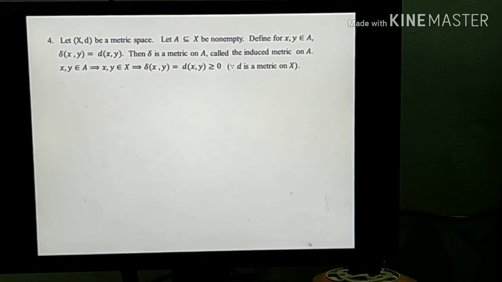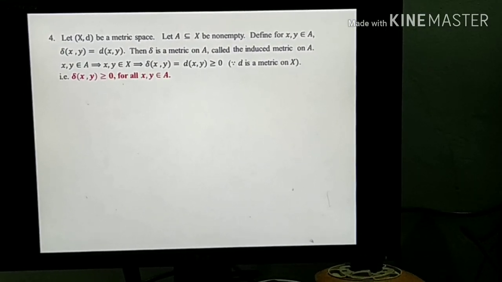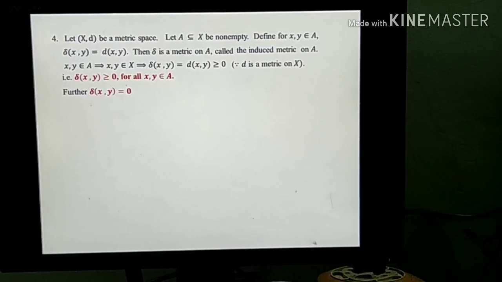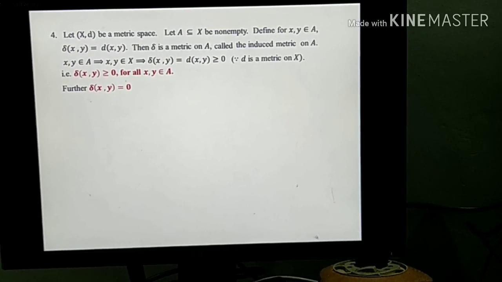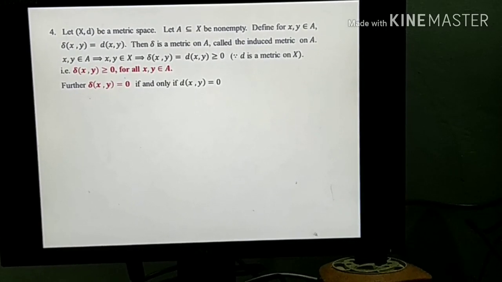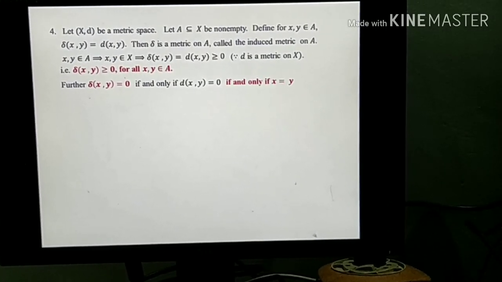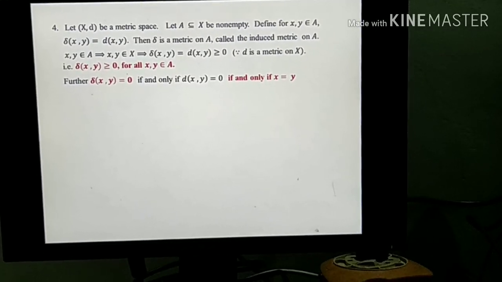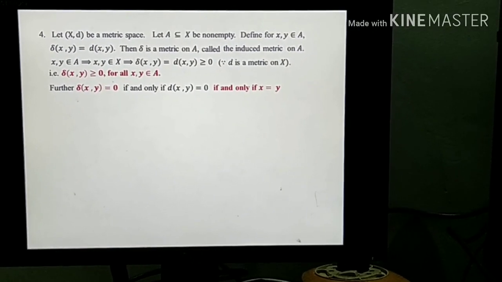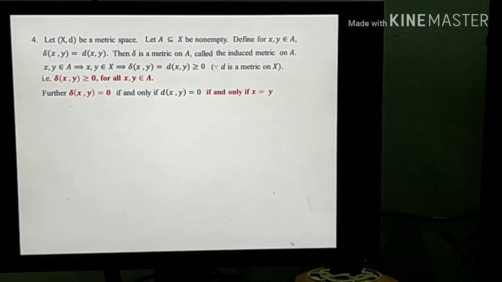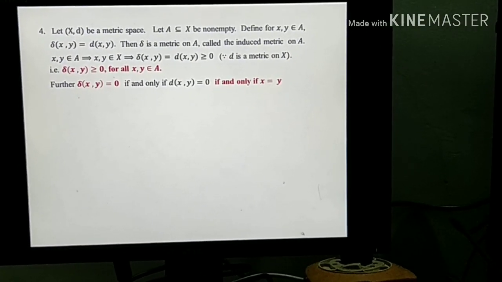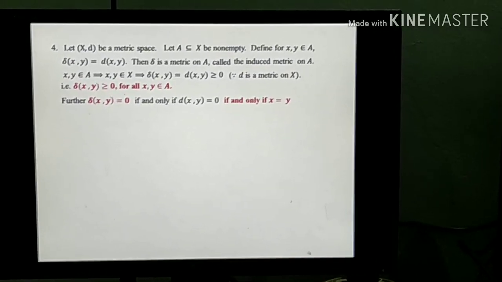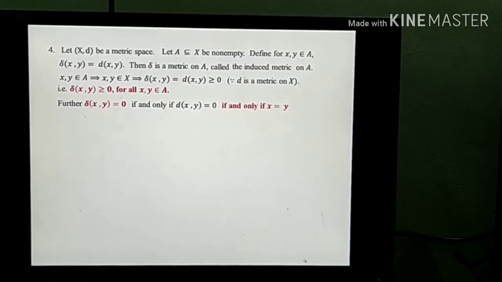If delta xy is equal to 0, then automatically dxy is equal to 0, but d is a metric on X. Therefore dxy is equal to 0 if and only if x is equal to y, and hence indirectly we will get delta xy is equal to 0 if and only if x is equal to y. And therefore the second property, that is the identity property of a metric, is satisfied by delta also.